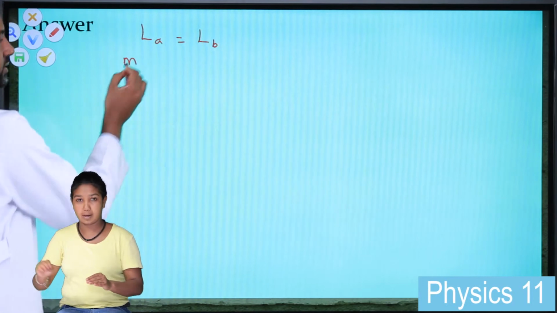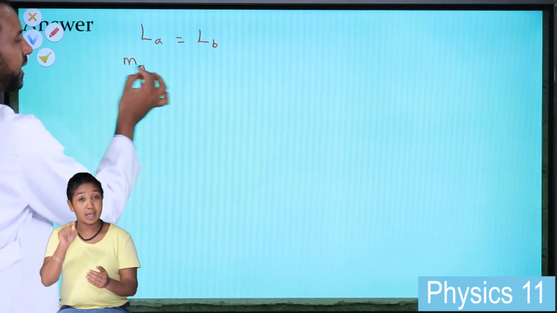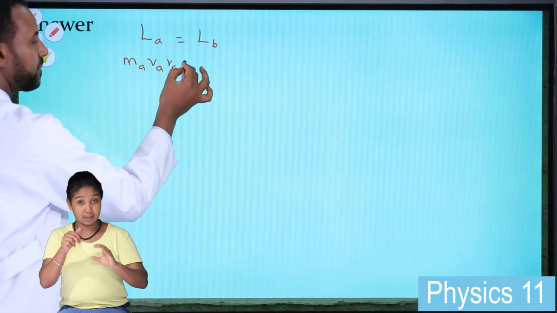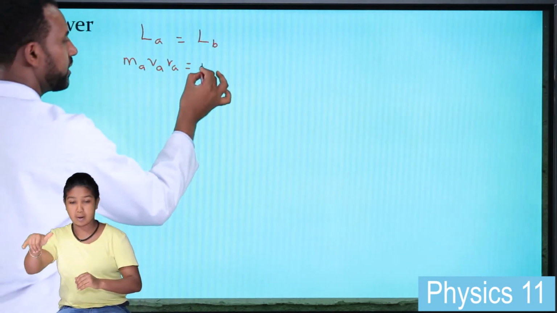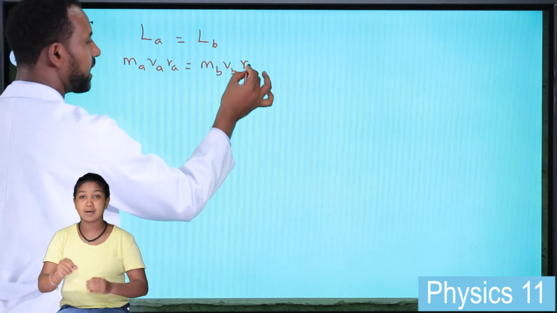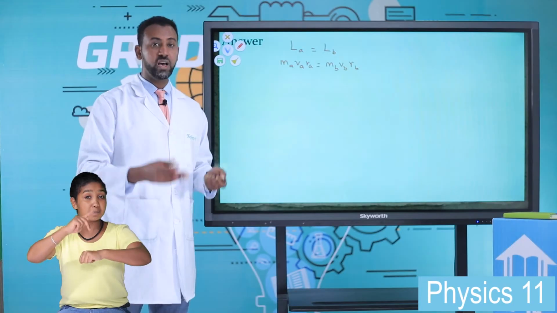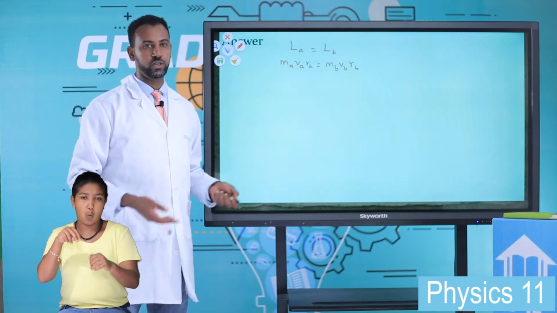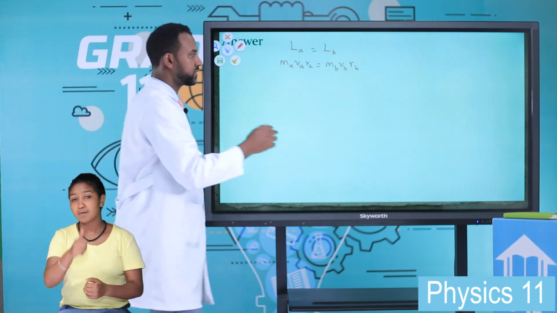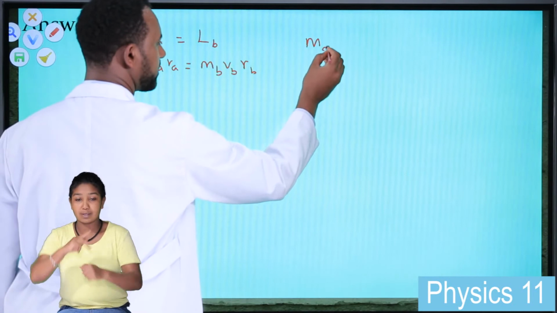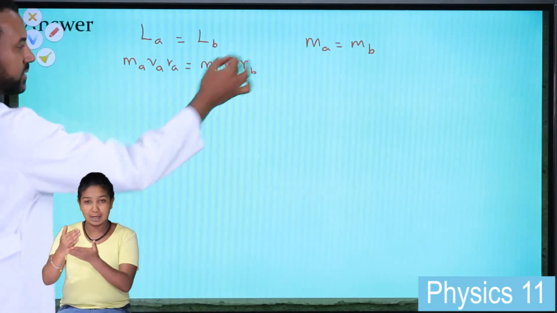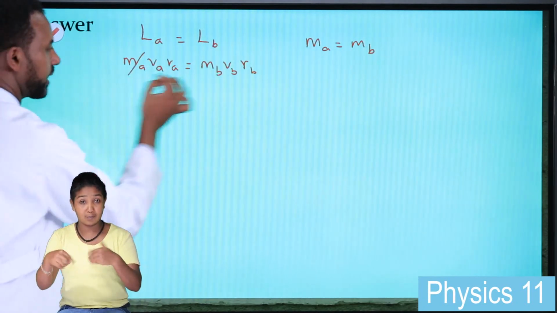The mass at point A, the velocity at point A, and the radius at point A must be the same as the mass at point B, the velocity at point B, and the radius r at point B. The mass of the planet remains constant, from the law of conservation of mass, so we can cancel it since they are equal.